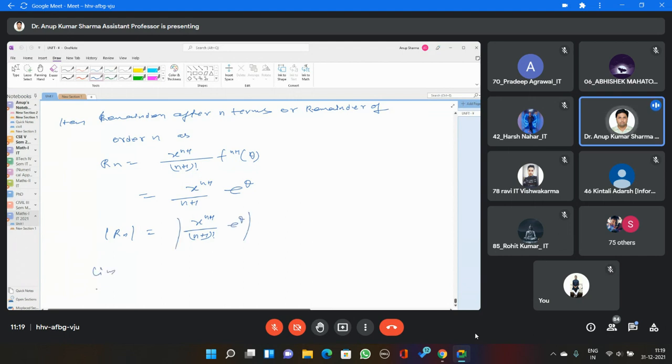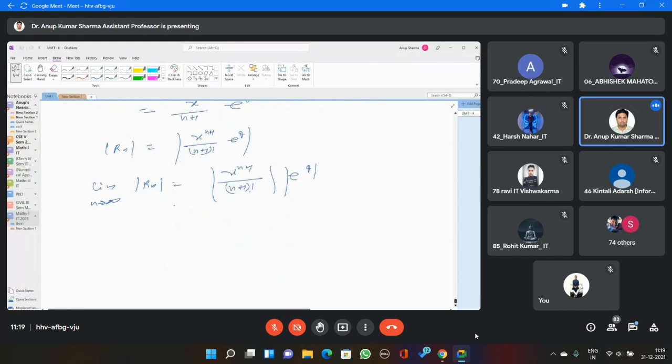Now we are taking the limit of Rn as n tends to infinity. We can write e to the power theta modulus, but theta is bounded for a given x.